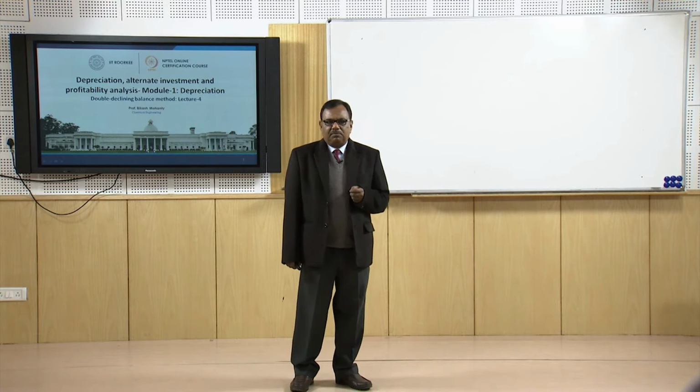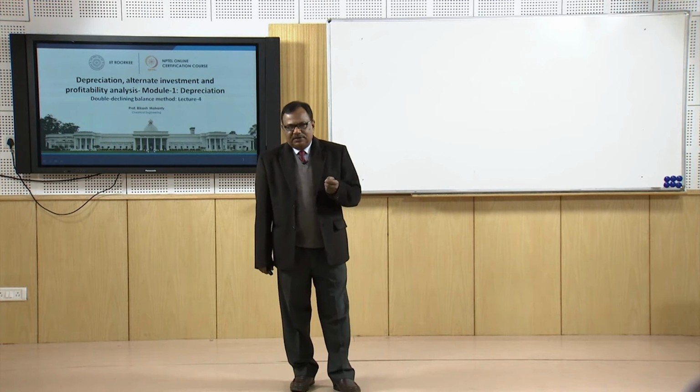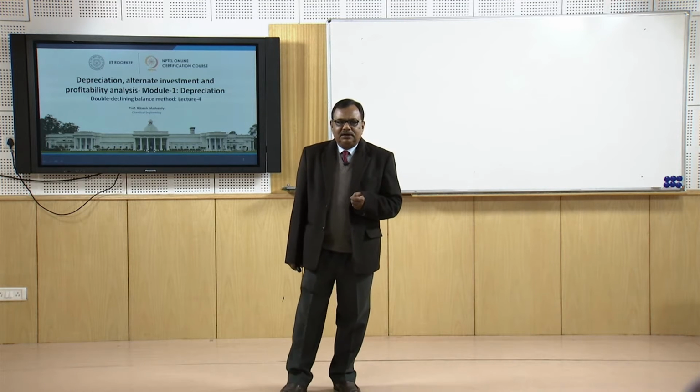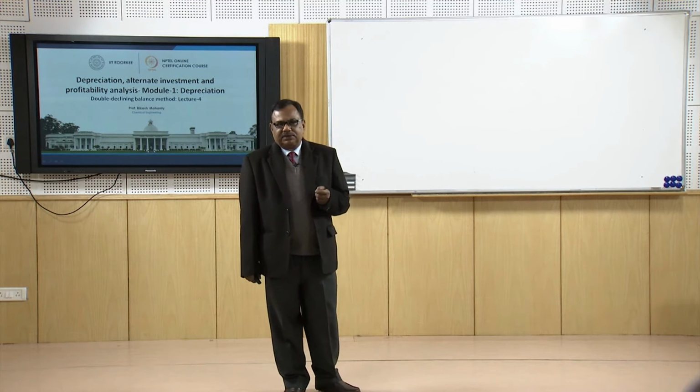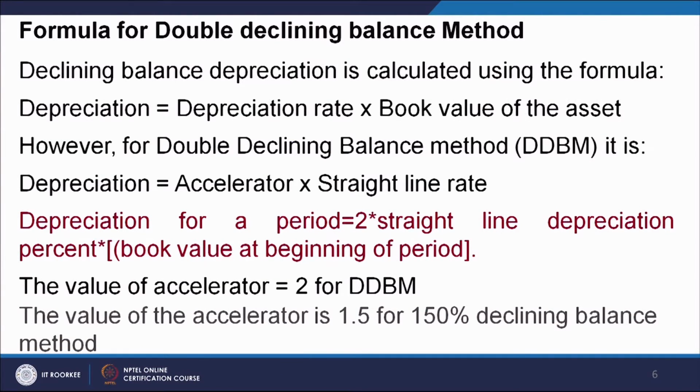The formula for the double declining balance method is very clearly shown in the slide. Declining balance depreciation is calculated using the formula depreciation is equal to depreciation rate into book value of the asset.